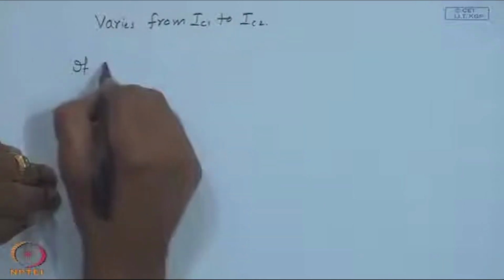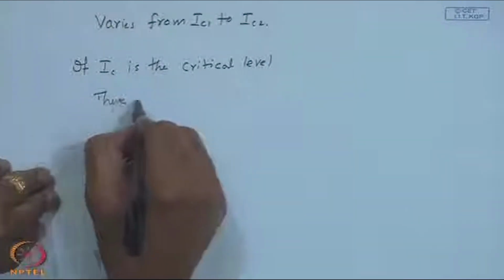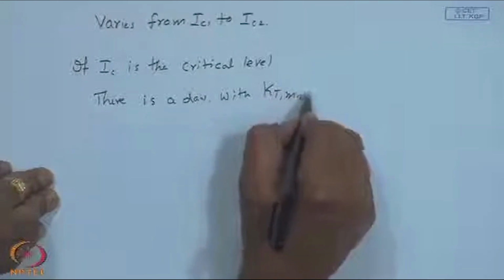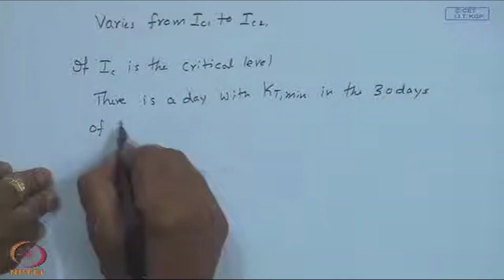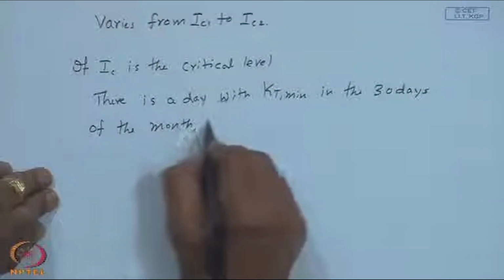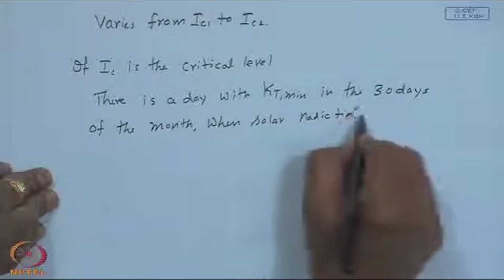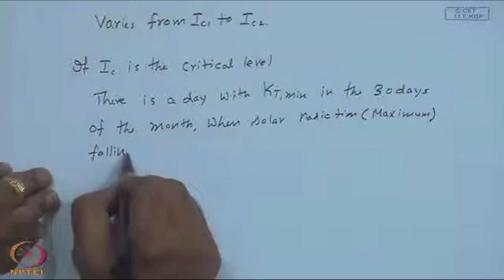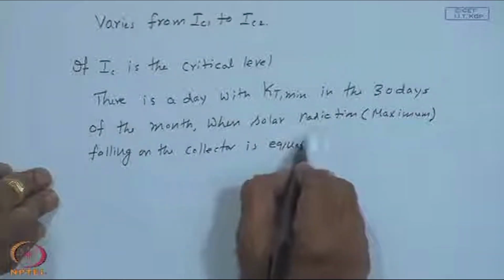What we try to do is, if IC is the critical level, there is a day with KT min in the 30 days of the month when the solar radiation, maximum in the day, falling on the collector is equal to IC.